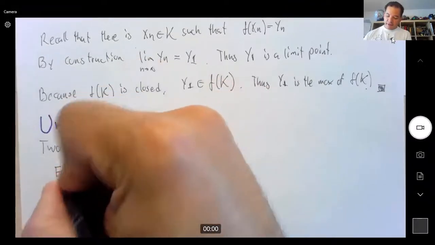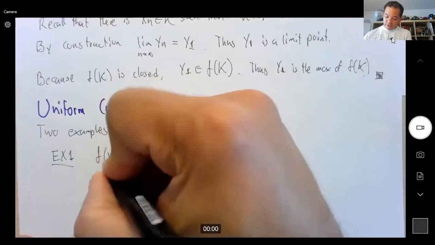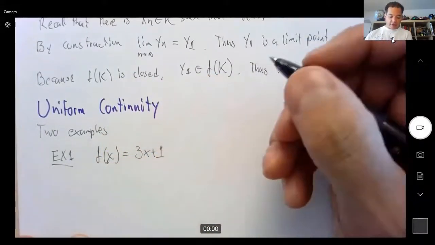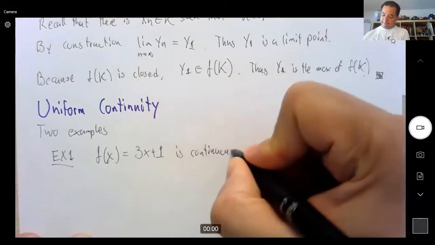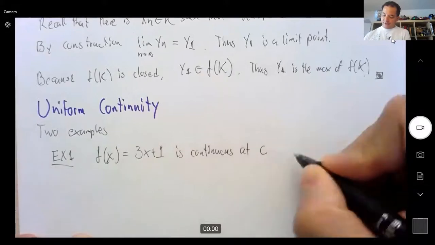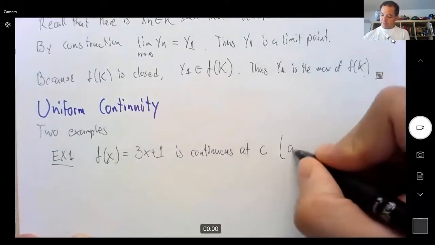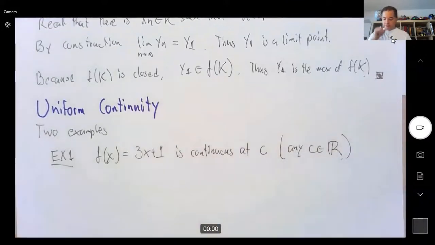First, let's show that the function 3x plus 1, that's just a line, right? Should be easy, is continuous at c, for any c. Right? So what is it that we need to show? So let me write it here.